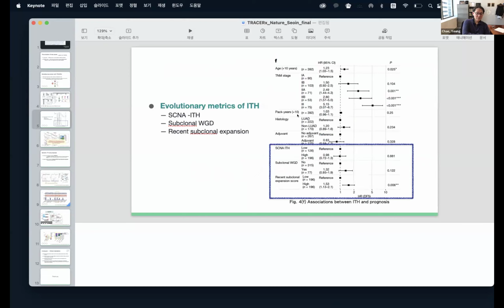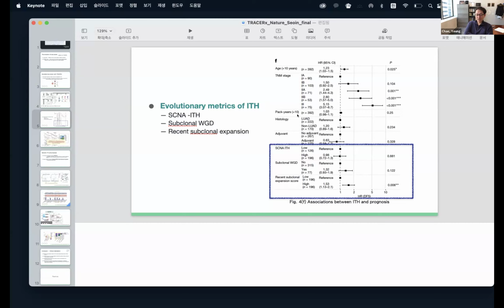Yeah, so this would be more technical. And you can do that with Dr. Chongwo as well, if you guys can divide and conquer. So this is all mathematical. How do you calculate SCNA ITH?